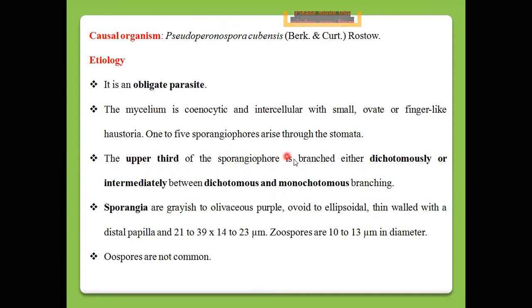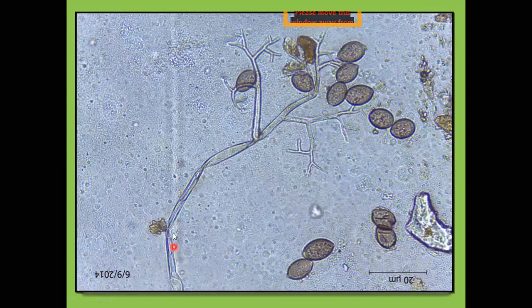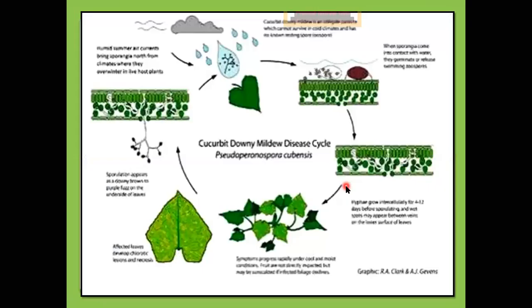This is the main characteristic of Pseudoperonospora. You can see this branching structure of the sporangiophore, with one or two sterigmata developed on it, and at the tip of these sterigmata the sporangia are attached.